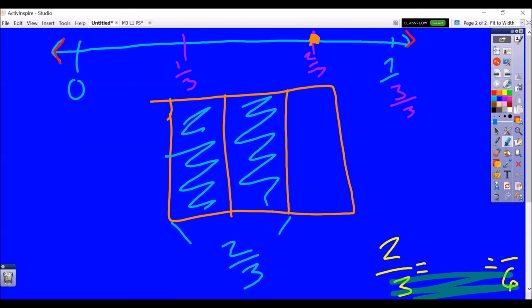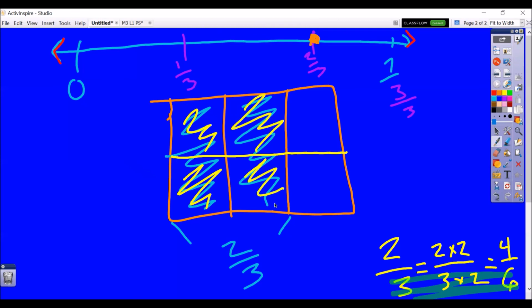My units doubled. So what do I need to make sure I do? It went from 3 times 2. So remember, if we cut the whole in 2 pieces, then we are actually cutting the top, or the parts, into 2 pieces. So 2 times 2 would give us 4. And then that's exactly what we have. So once again, we now know that 2/3 is 4/6 on the number line.